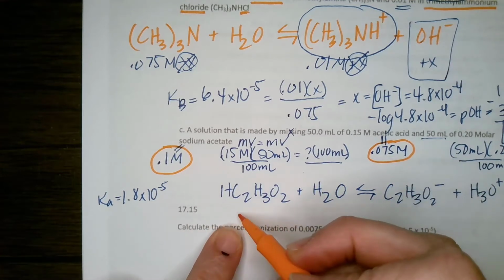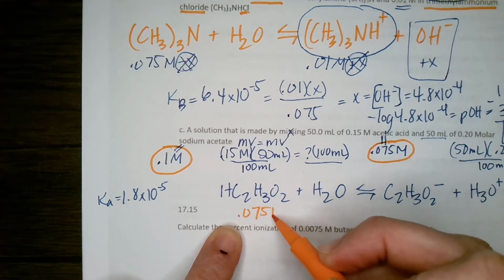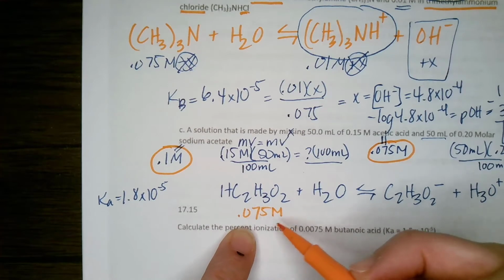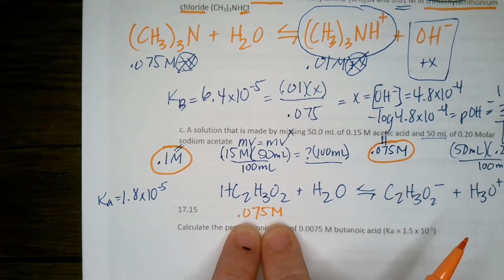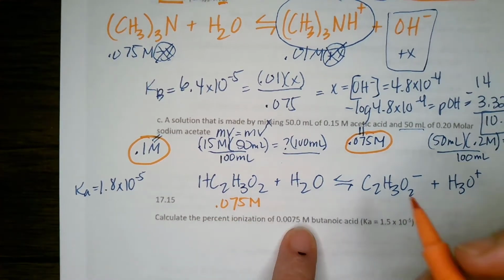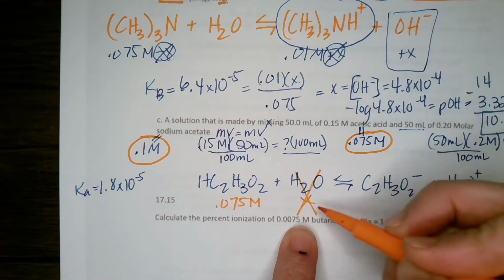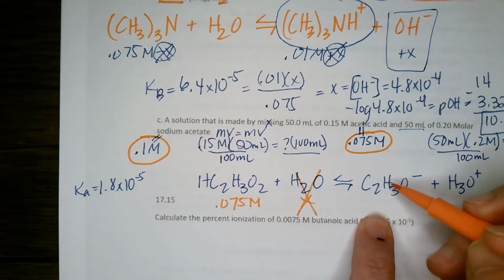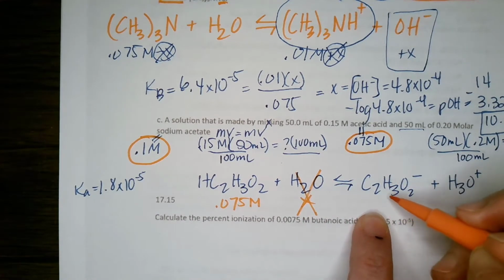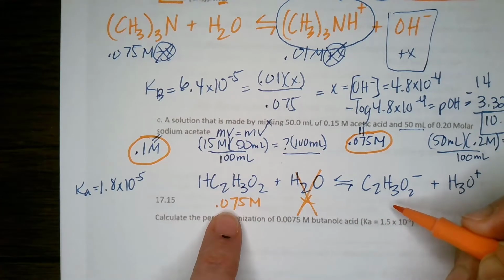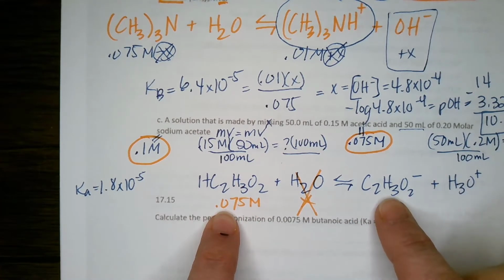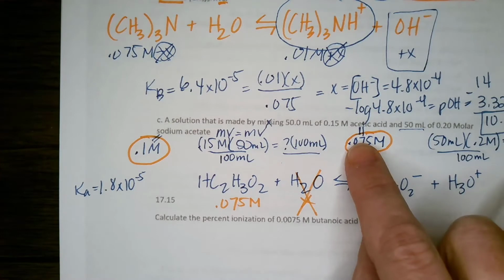I'm going to write down, I've got my acetic acid. I'm starting at, we said, 0.075. Remember, we're going to do minus X, but we're going to call that negligible. Nope, nothing for water. We would be at zero product, right?